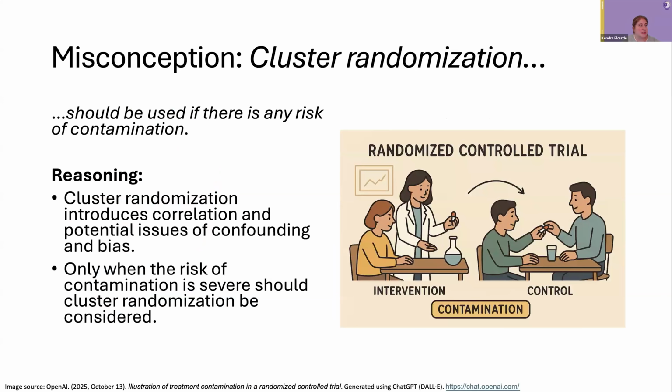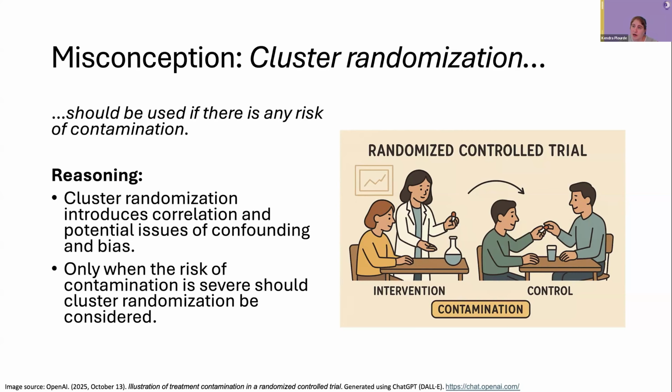Another common misconception is that cluster randomization should be used if there is any risk of contamination. Contamination, if you're not familiar, is when aspects of the intervention seep into the control arm, thus decreasing the effect of the treatment because you're making the two groups more similar to one another.